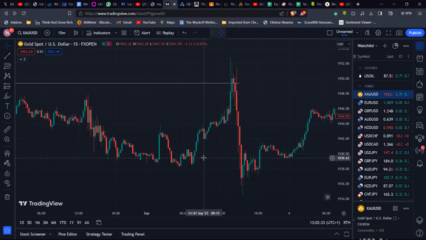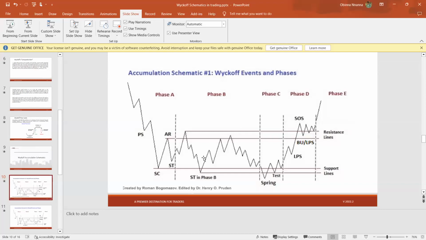So if I go back to here, you'd see that in phase D, you can see the sign of strength, right? The sign of strength, or SOS, should basically be above this AR. It should clear the AR, maybe clear the preliminary supply support most of the time.